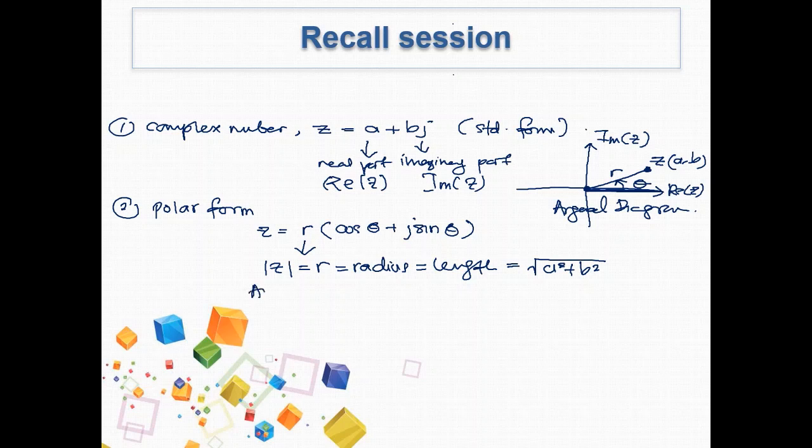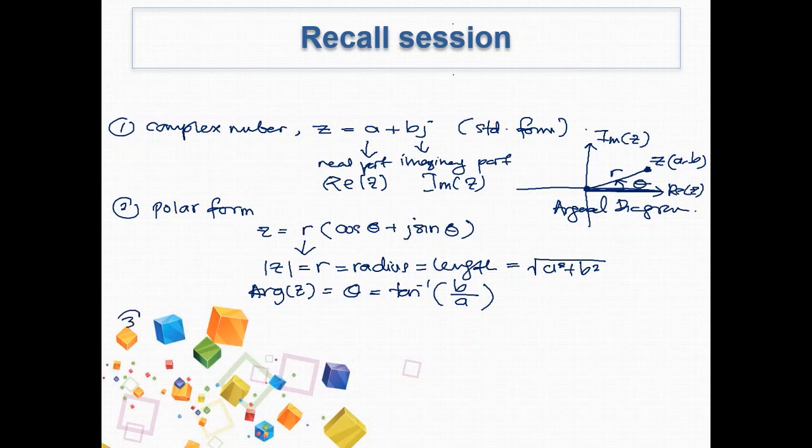Theta is called the argument of Z, which is equivalent to arctangent of b over a.